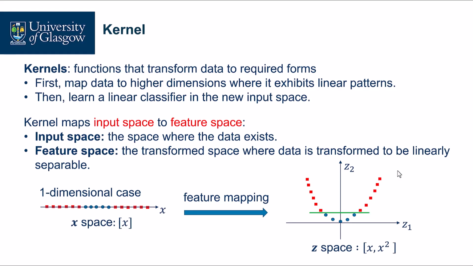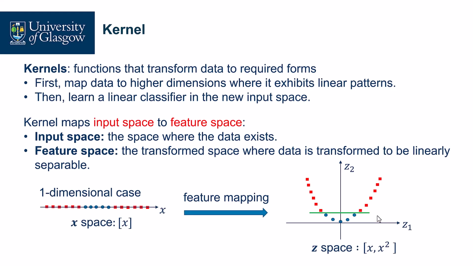For this one, we can easily use a plane to separate the two kinds of points, right? The feature mapping follows this formula. The first one is x, the second is x squared, right? By applying this feature mapping, we make it into this shape, and this shape we can easily separate by a hyperplane, right?